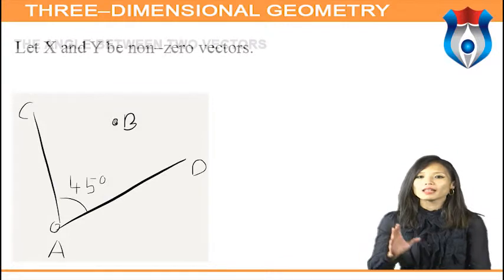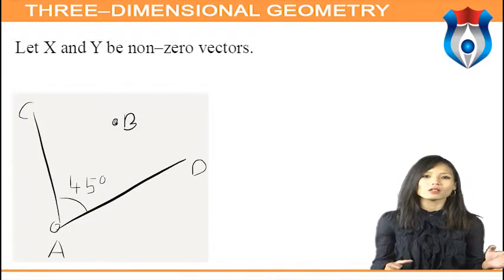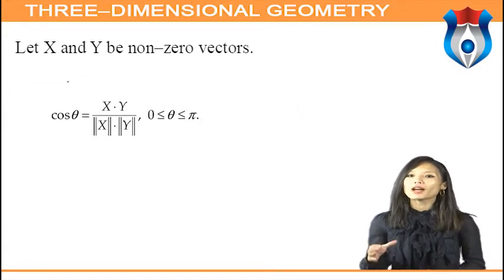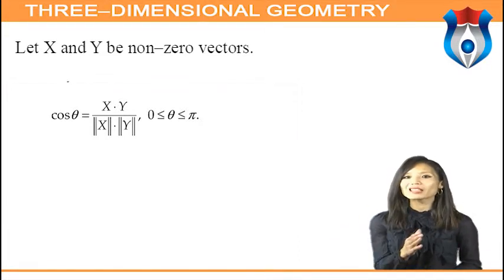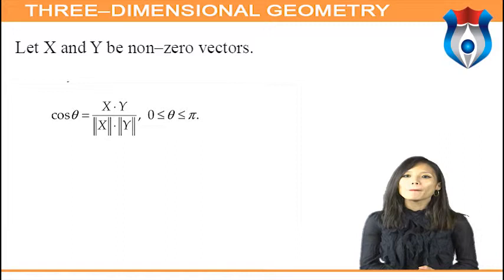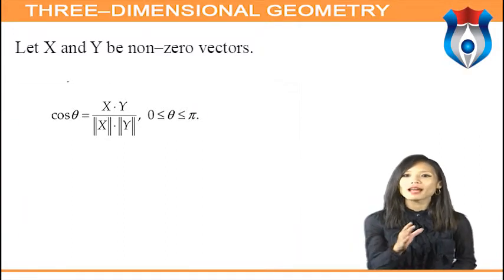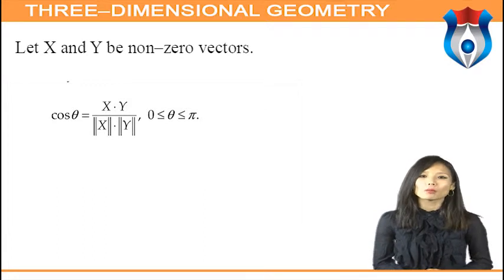Let x and y be non-zero vectors, then the angle between x and y is a unique value of theta defined by cos theta equal to x dot y divided by |x| |y|. Here theta is greater than 0 and less than or equal to pi.